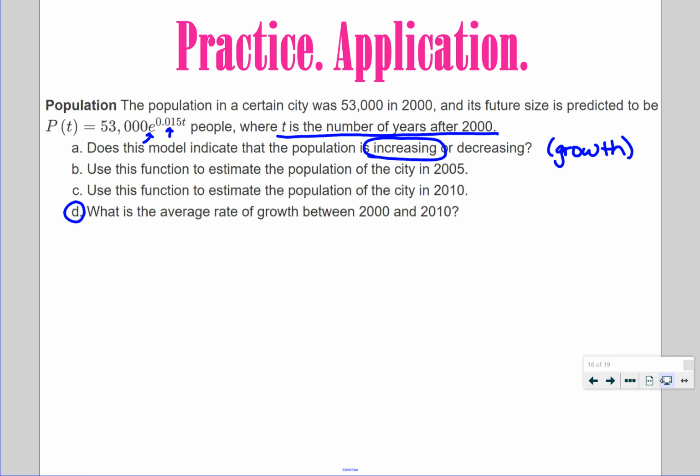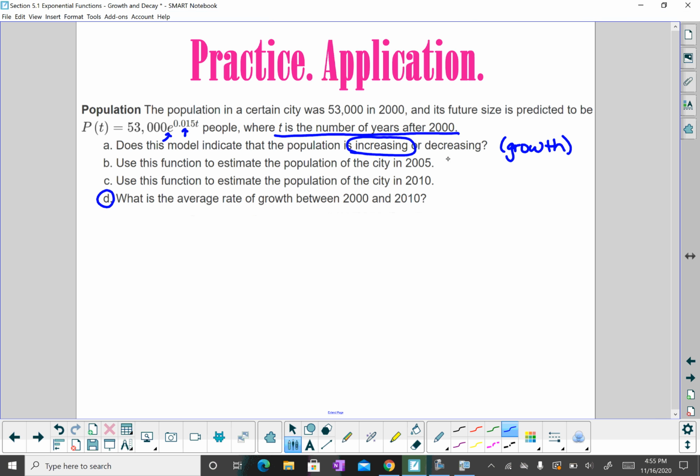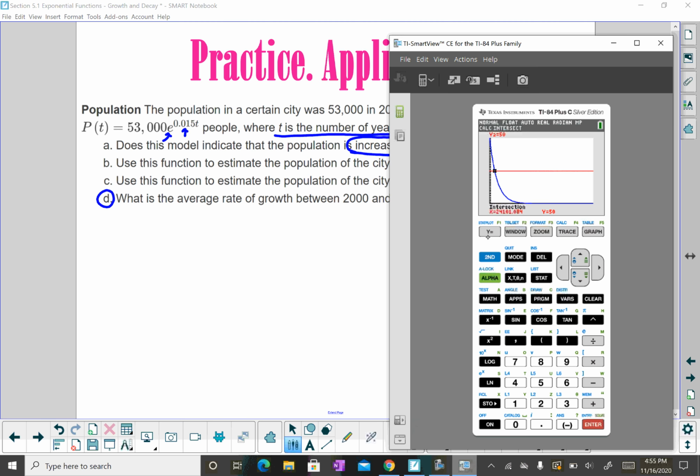Okay, next in your calculator, we're going to use t equals 5 for 2005 and t equals 10 for 2010. You can type that in the home screen in your calculator, or you can use the table of values. So I'm going to go to y equals. I'm going to use my table again here.